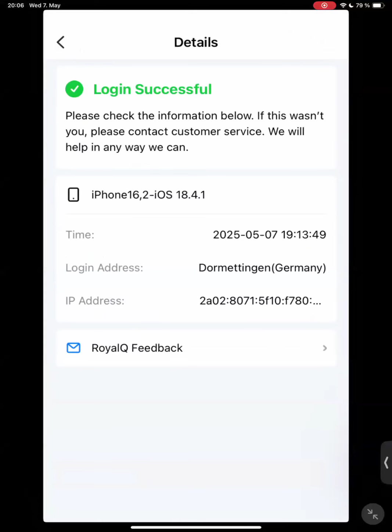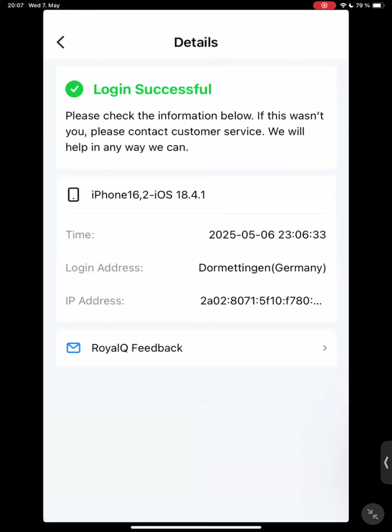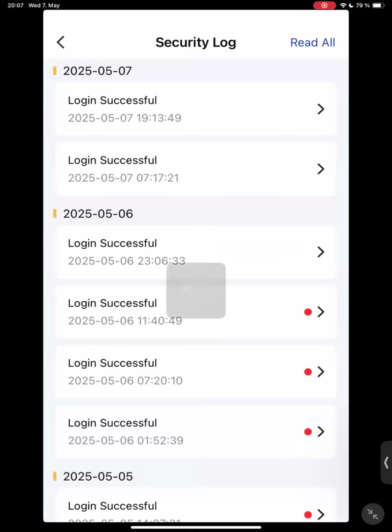You would see the device that you used in logging in, the time, the location, and the date. Now, you can also see withdrawals. If you have ever withdrawn from your RoyalQ, you would see the withdrawal history under the security log as well. All right, so that is the security log.